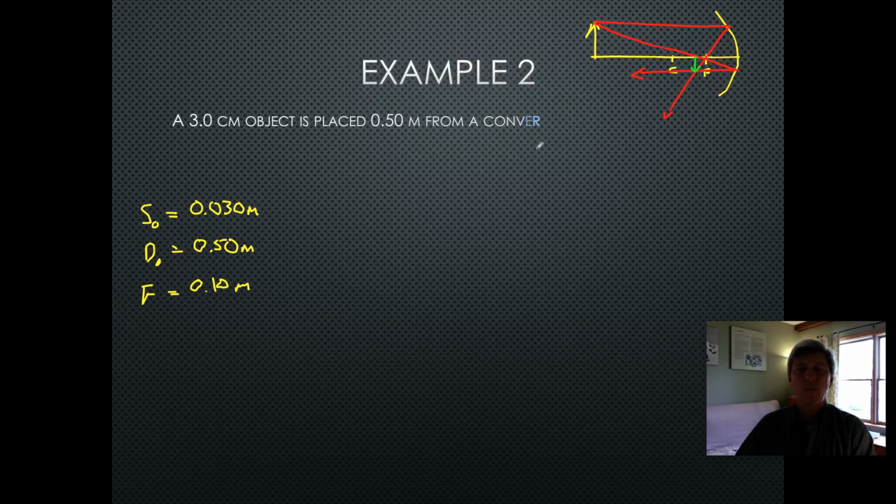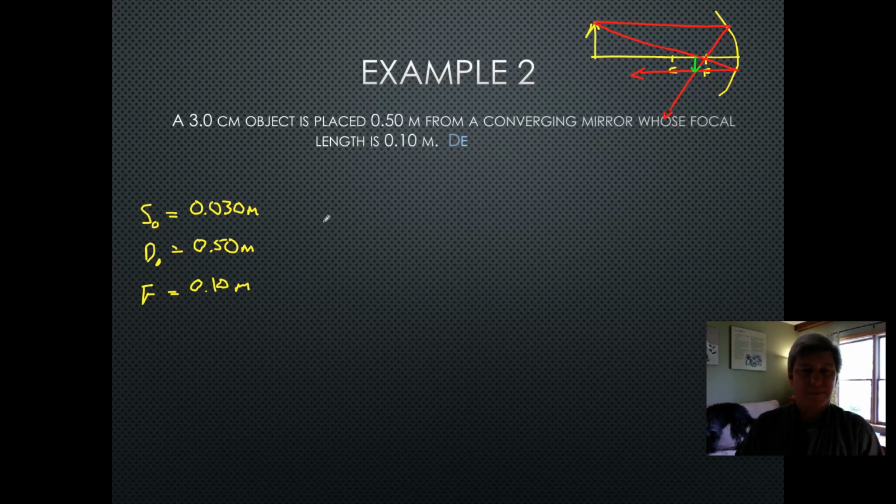So again, somewhere between the values of C and F. So we describe the image. It's going to be real, smaller than the object, and inverted, and located somewhere between C and F.